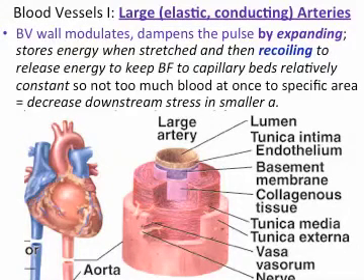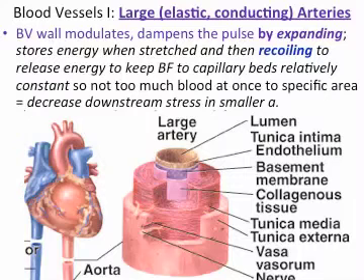So the blood vessel wall of the large elastic conducting arteries will dampen that pulse of blood coming out of the ventricle by expanding. When the large arteries do that, they're storing energy as potential energy.